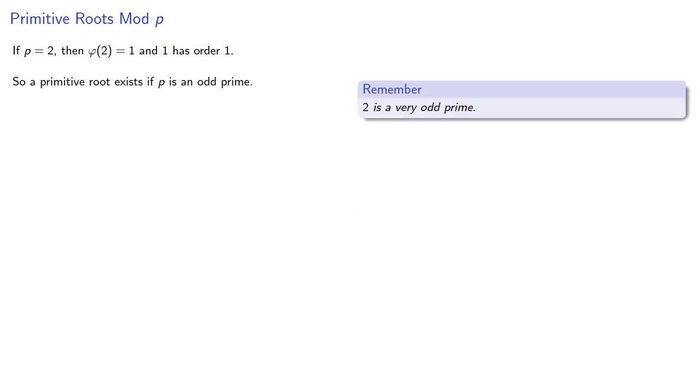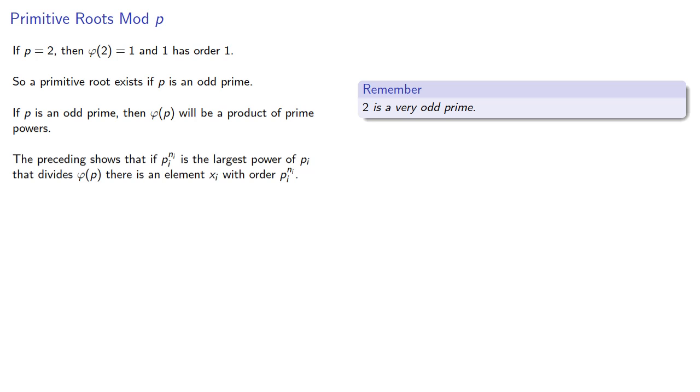And so now we're ready to answer the question, do we have primitive roots mod p? Well, first of all, if p is 2, then phi of 2 is 1, and 1 itself has order 1. So clearly, primitive roots exist. If p is an odd prime, remember, 2 is a very odd prime. Meanwhile, if p is an odd prime, then phi of p will be a product of prime powers.